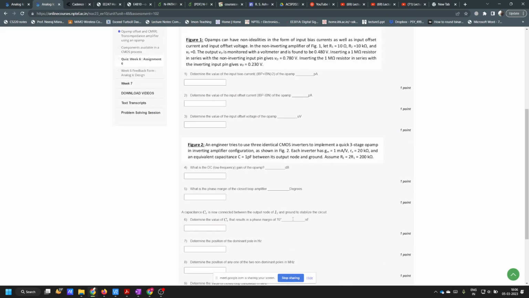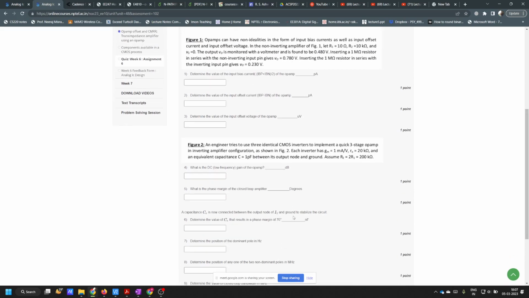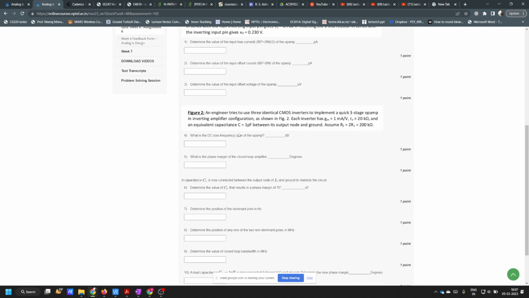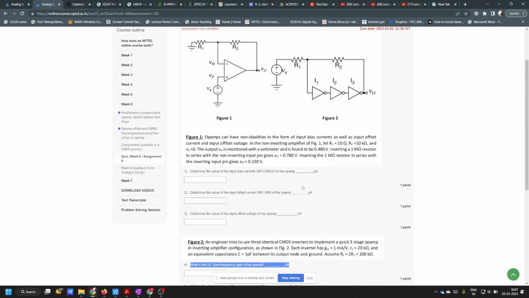And should we find out the whole loop gain or just omega u for the fourth question? What is the fourth question? What is the low frequency gain of the op amp? Low frequency means DC gain, right? What do you understand by DC gain? I understood that it would be the whole loop gain.